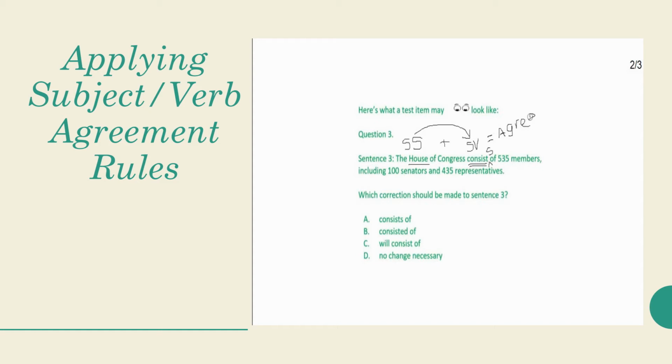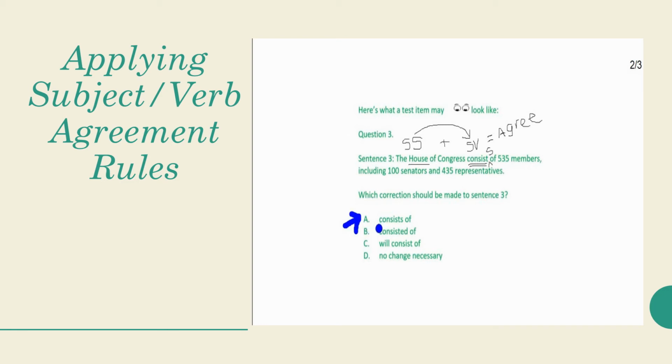So now if we go back down to our options here, we see that option A is the verb that will apply for this particular sentence because the word consists has an S on the end of it. Therefore, option A is the correct choice in terms of correcting this sentence.